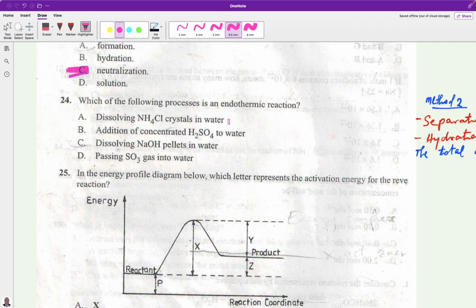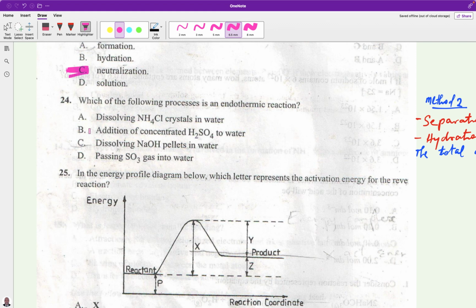So when we dissolve this in solution, what is going to happen? We are going to have NH4 plus and Cl minus. In this case, the crystal's bonds have been broken. Energy has been absorbed in breaking this bond. So A is a possible answer.